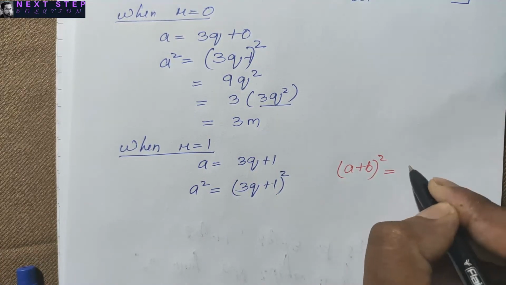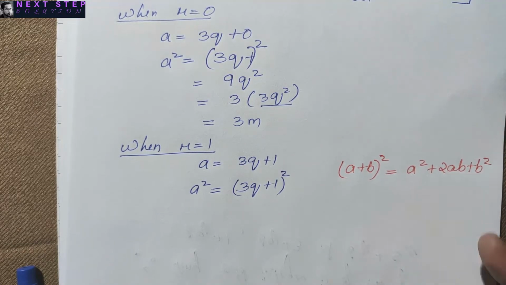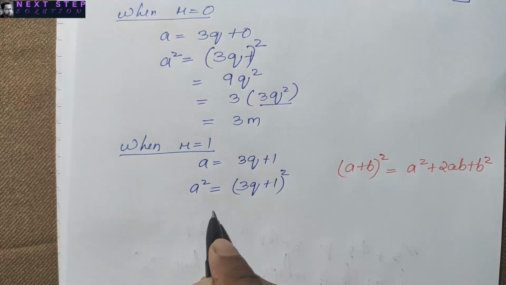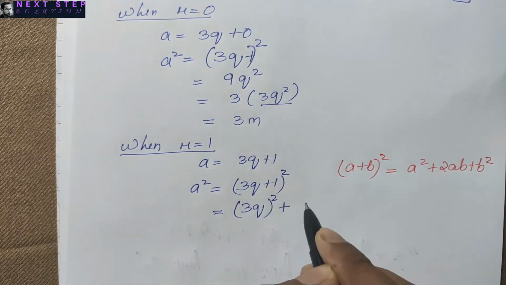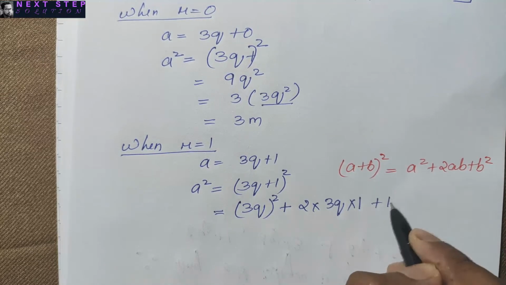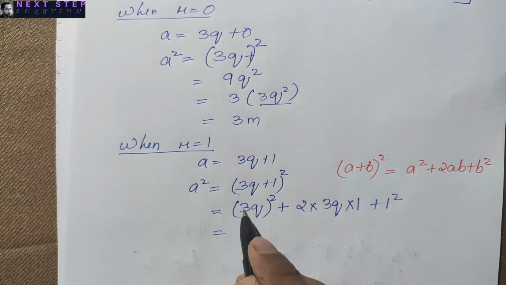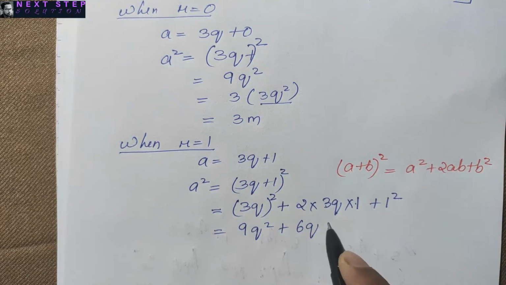We are going to use a square plus 2ab plus b square. So here our a is 3q, a square plus 2 times a into b plus b square. If we solve it now, 3 square will give you 9q square plus 2 3s are 6, 1s are 6q, plus 1 1s are 1.